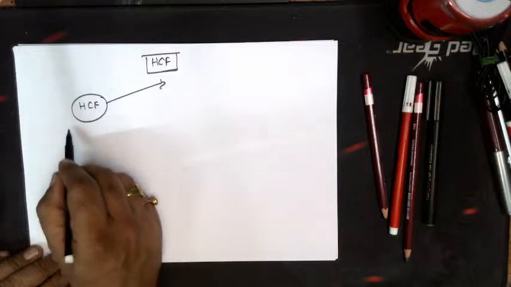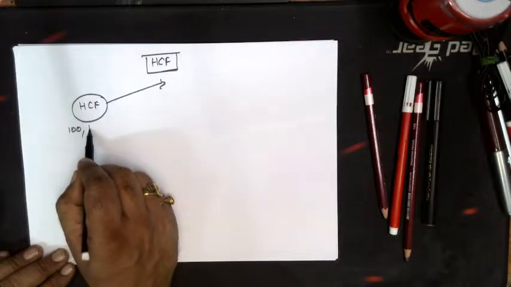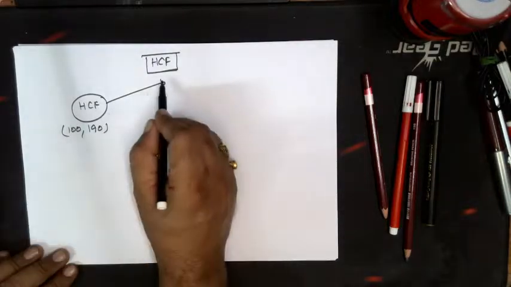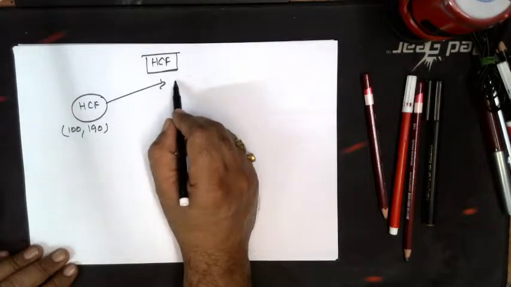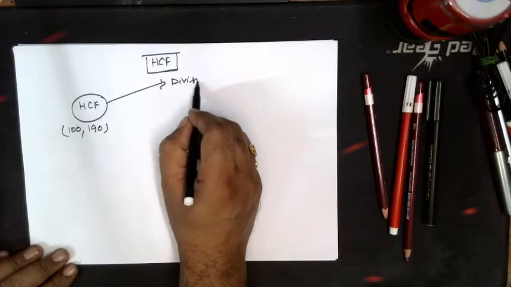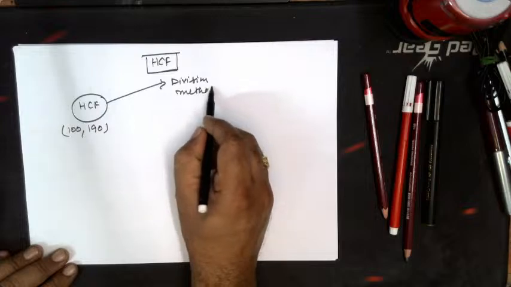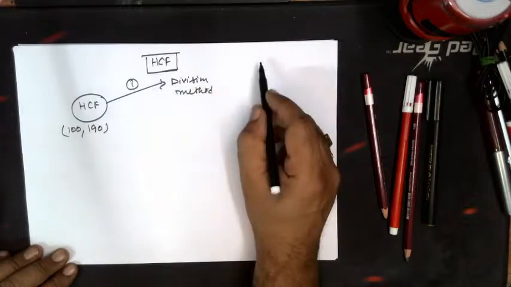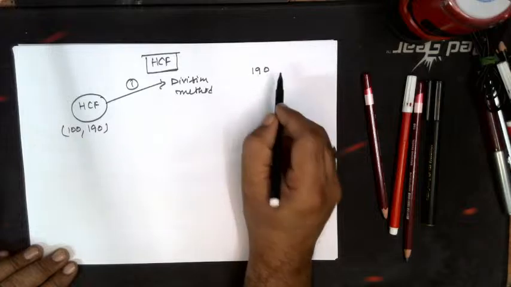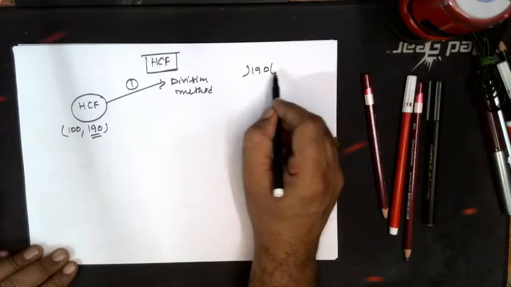Let me consider 100 and 190. So by the division method you can do it. How? This is the division method. For example, 190: you have to take the biggest number and divide it by the smaller one.